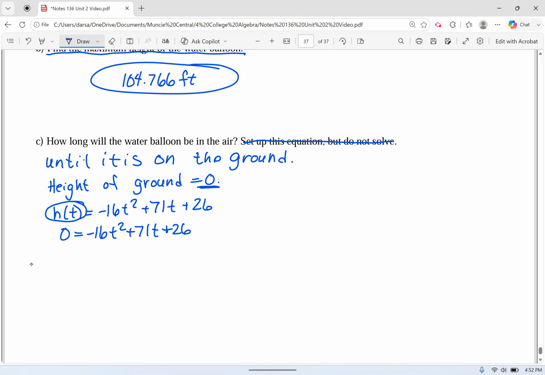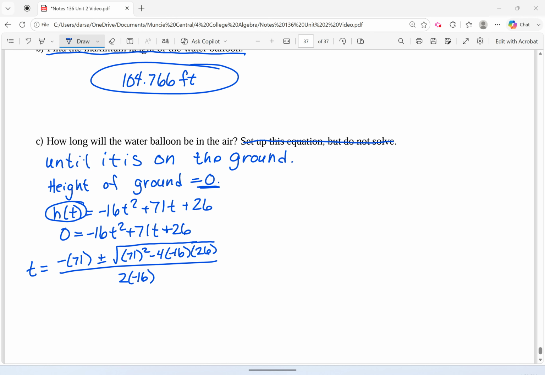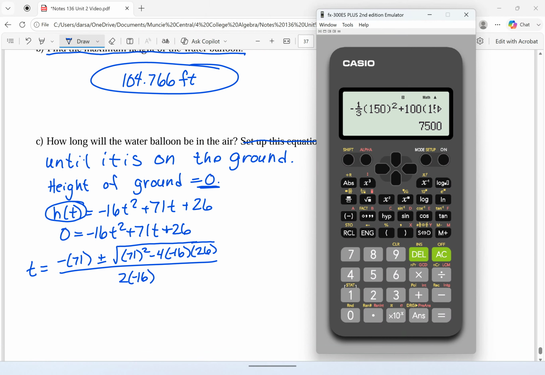Quadratic formula. So t equals negative b, remember put everything that you plug in parentheses, plus or minus the square root of b squared minus 4 times negative 16 times 26 all over 2 times negative 16. Remember, we're going to start by putting this stuff under the square root into our calculator and very carefully calculating that.